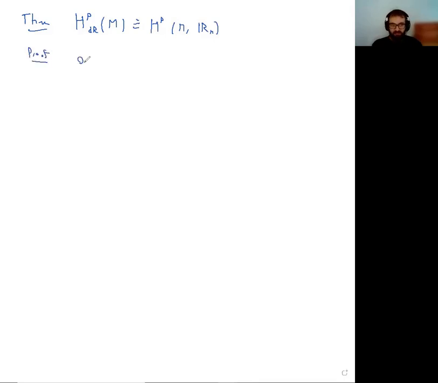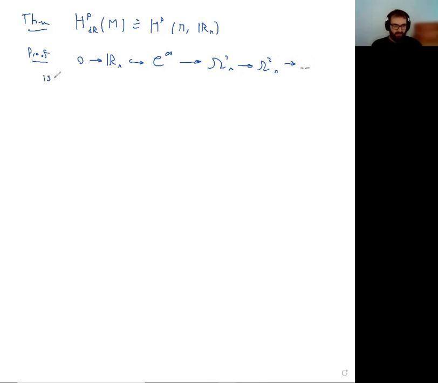Well, this is because of the abstract de Rham theorem and the fact that this sequence of sheaves, so here we have locally constant functions embedded into smooth functions. Then you take the differential to go to one-forms, and of course the kernel is precisely the locally constant functions. And then you go to two-forms again with the differential, etc., etc.